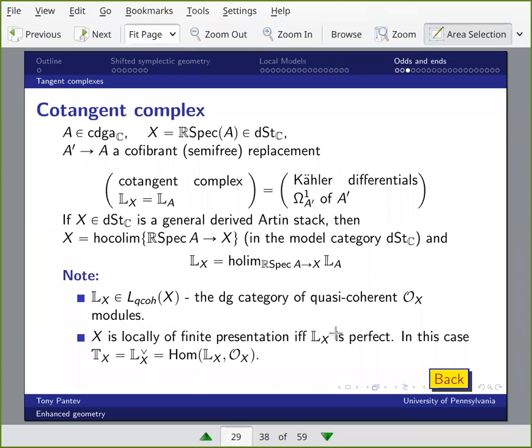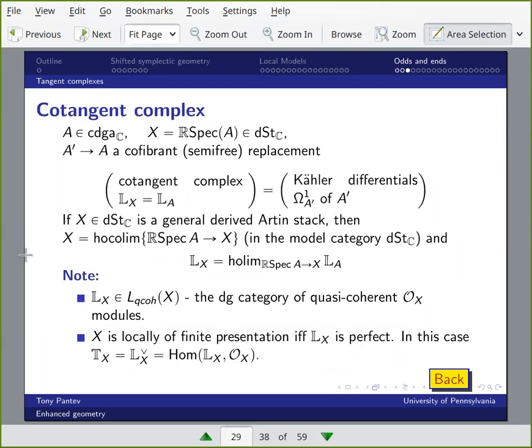So this is the analog of being smooth in this world. And so the cotangent complex is perfect, so it's isomorphic locally to a complex of finitely many finite rank vector bundles. And in that case, it turns out that the dual of the cotangent complex, the literal linear algebraic dual, is isomorphic to the tangent complex that we defined before by using germs of curves.